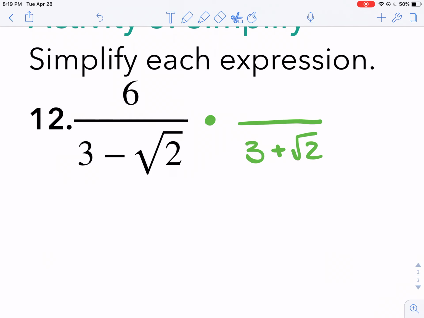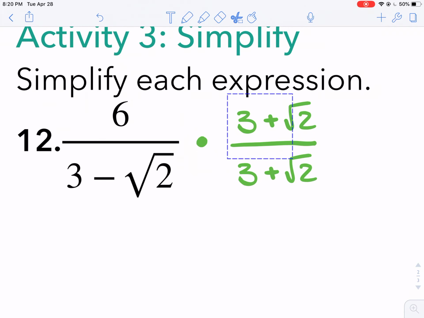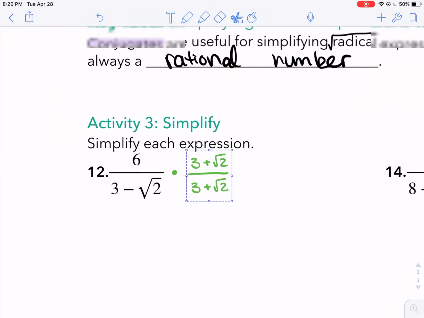Now, I can't just multiply this expression by 3 plus the square root of 2, because that will change its value. However, what won't change this value is if I multiply by 1. So I'll multiply top and bottom by the conjugate. This is because the conjugate divided by itself is 1, and 1 doesn't change it.